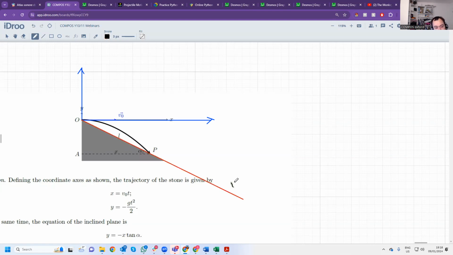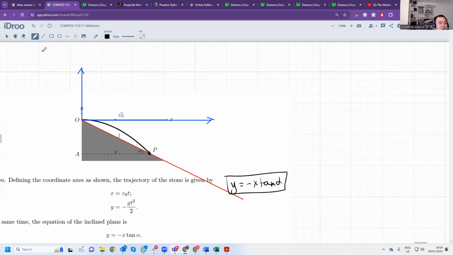The equation of this slant line is y equals minus x tan alpha. That's the equation of this line. And we found the equation of the trajectory, and we found where the two lines intersect. That's one way of doing it.